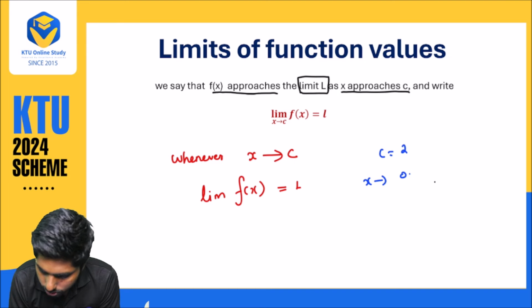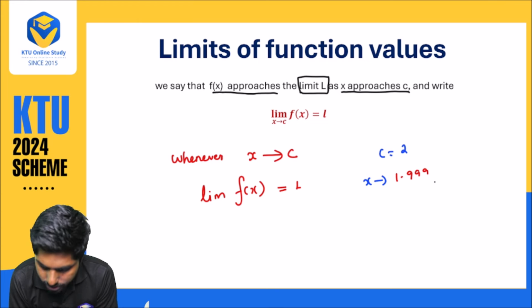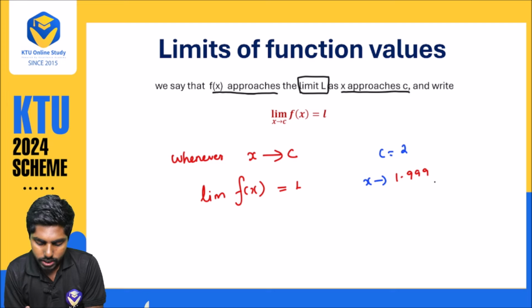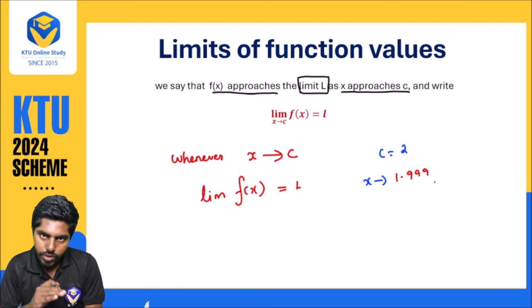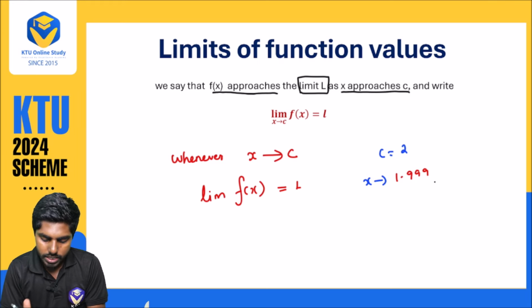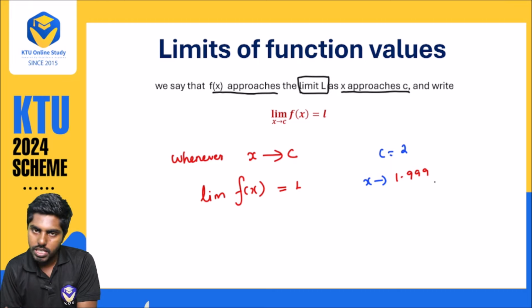What is the value? It is nothing but 1.999, which is very close to 2. That is what they are indicating. So limit of a function value means it is approaching very close to the required value. That is, x means C, f of x means L, it is approaching.